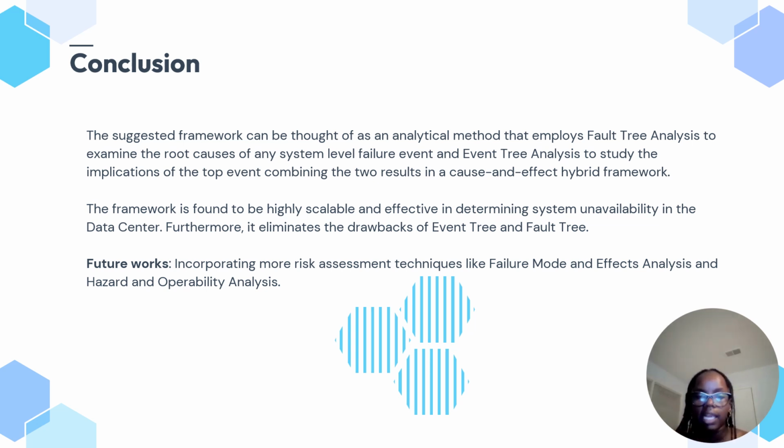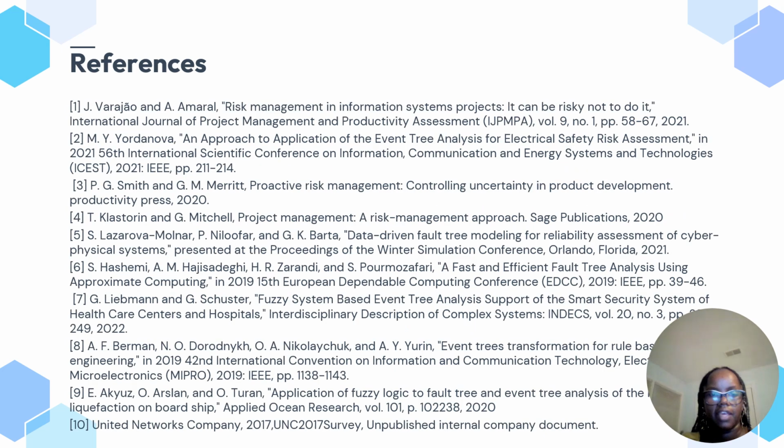It's highly scalable and is able to eliminate the drawbacks of having a standalone event tree or fault tree. Future work can be seen in incorporating more risk assessment techniques like failure mode and effect analysis and hazard and operability analysis. Finally, we have the references that were used for the research.